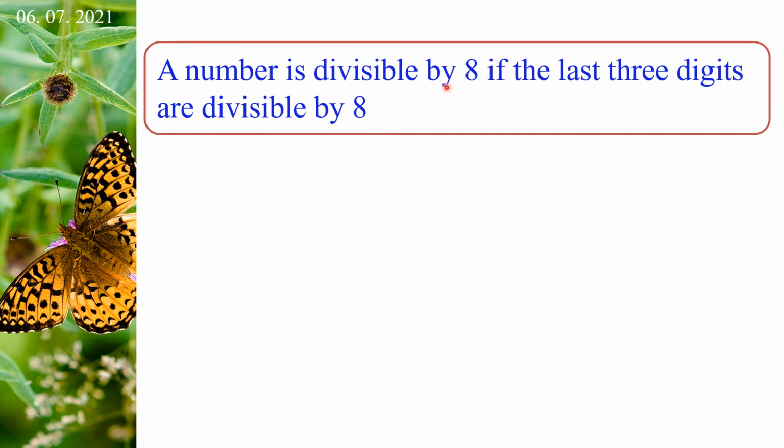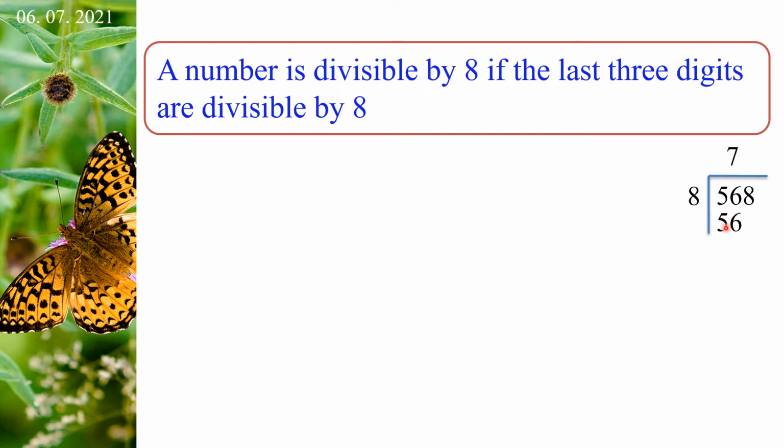We know the rule. A number is divisible by 8 if the last three digits are divisible by 8. So in the given sum, the last three digits are 568. So now we will check whether 568 is divisible by 8 or not. Here let us take the first two digits, 56. 7 eights are 56.